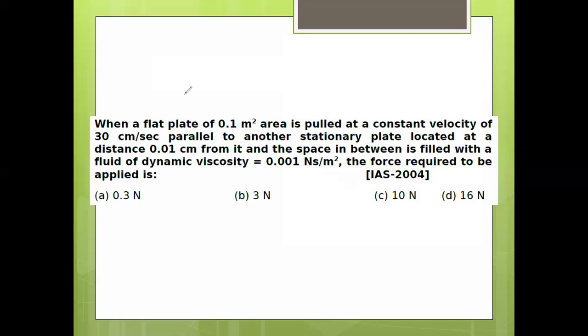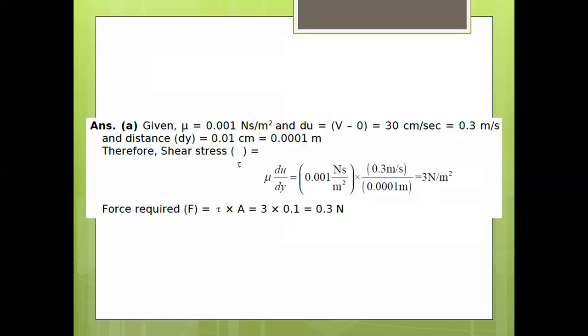I don't know the answer yet, but most of you have got the same answer, so I think it will be the same answer. Let's check it. Option A is the correct answer, that is 0.3 Newton. And this is the explanation, the same I have explained to you.